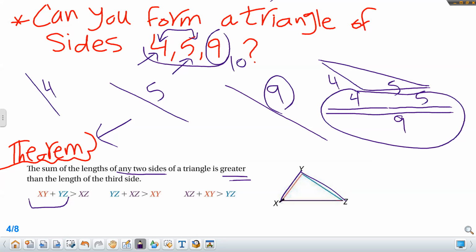Okay, so we can say the length of any side of a triangle must be less than the sum of the other two sides.